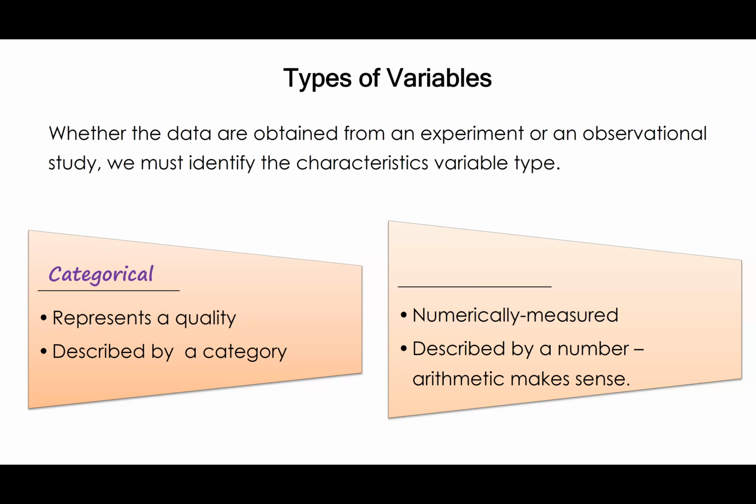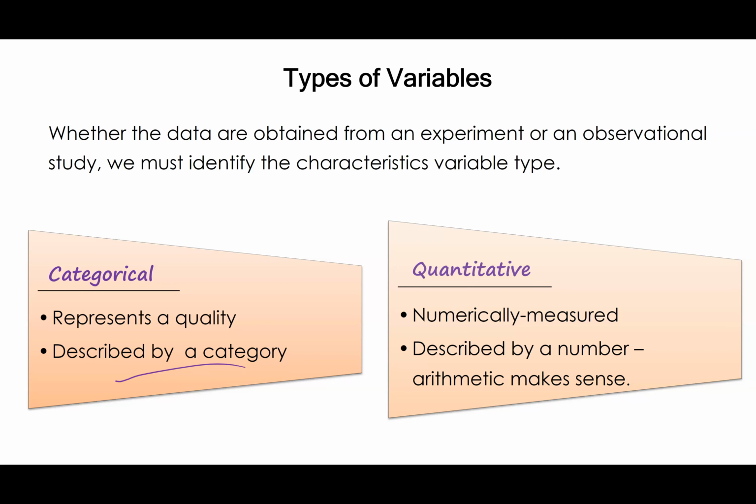Maybe you record yes, no. You might record eye color: brown, blue, green, and so on. Those are usually not number values. They wouldn't make sense to take an average of. And typically they're categories: days of the week, political party, that kind of thing. So you can describe it as categories.